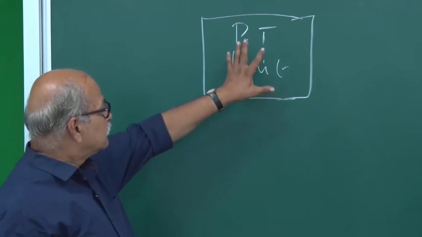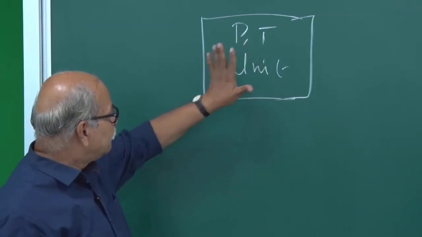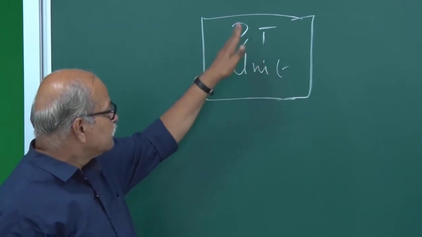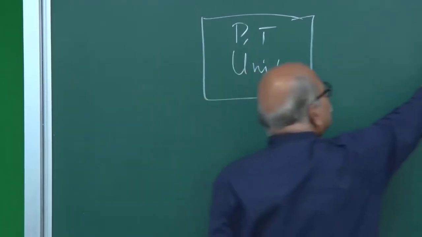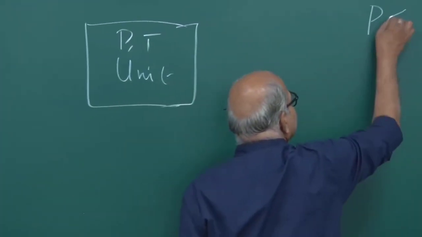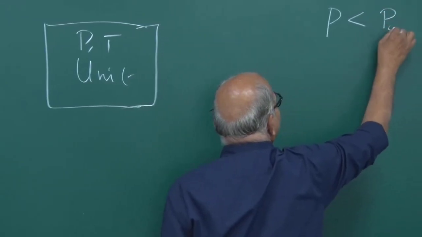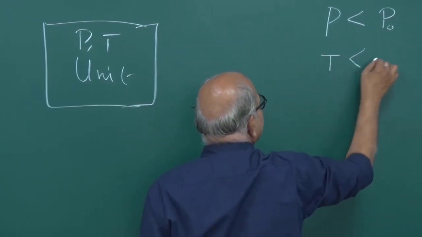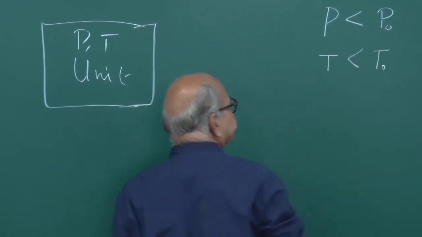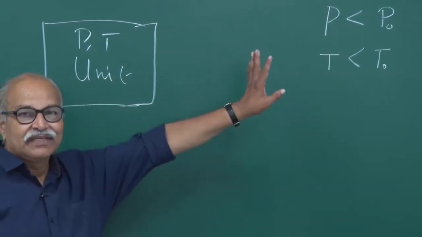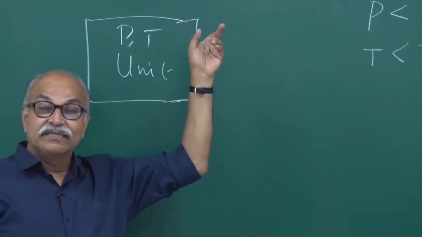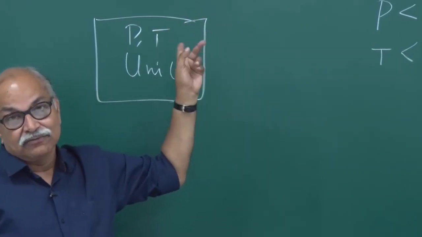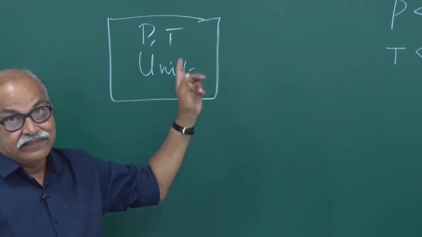In a steady state there should be some fixed pressure and temperature which could vary a little bit, but P should be less than P naught, and T should be less than or equal to T naught. It should not exceed that. If it exceeds, then there should be a signal which says shut down this plant right here.